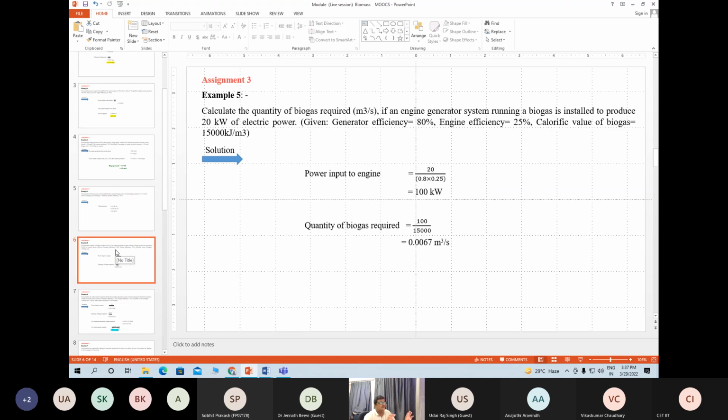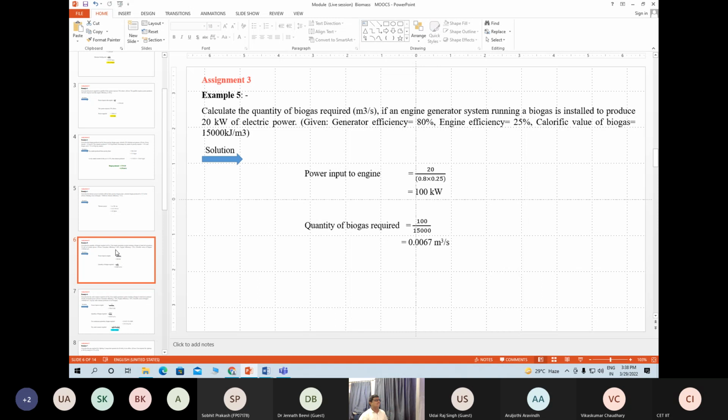Although in the practice session I have solved the entire example, in the assignment I have given only one step examples, two step examples, three step examples, something like that. Or I just ask for some specific thing to calculate in the assignment as well. Because I cannot give the entire example as such to calculate in the assignment, I have given it on a specific topic basis, as well as a specific stepwise content of that particular example.